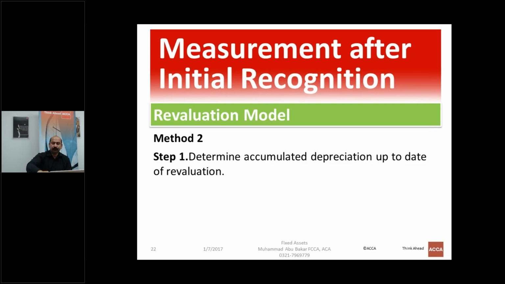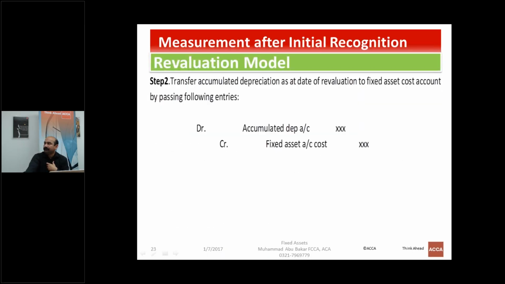Step 1: determine the accumulated depreciation up to the date of revaluation. Step 2: transfer accumulated depreciation as at the date of revaluation to the fixed asset cost account by passing this journal entry.